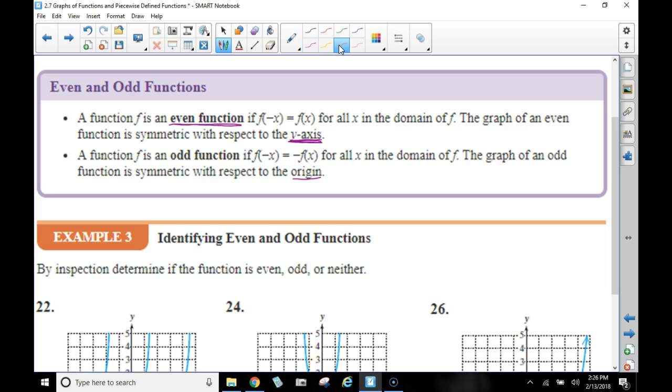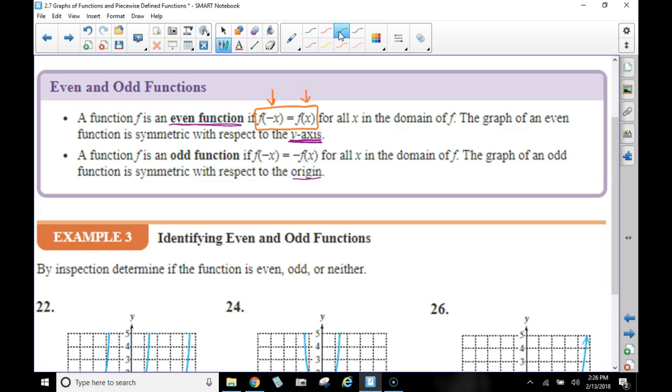Here is our test: if the function evaluated at negative x is the same thing as f of x. You know what this is saying? Replace x with negative x, simplify, and see if you have the same thing you started with. So there's the test for an even function.